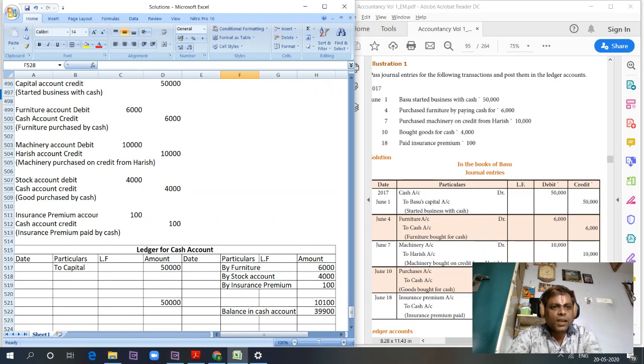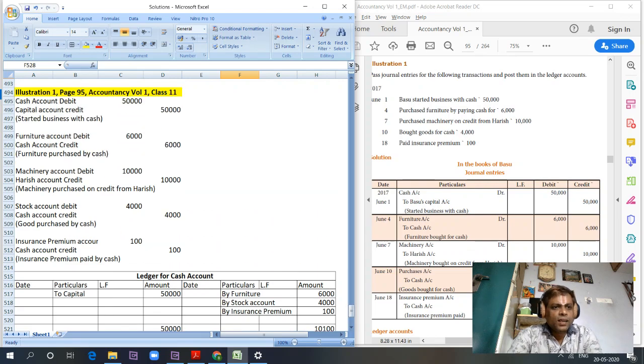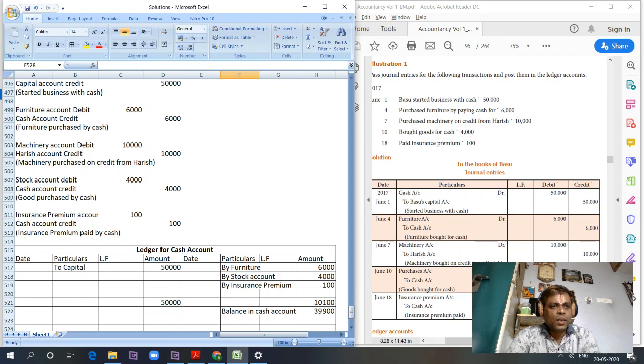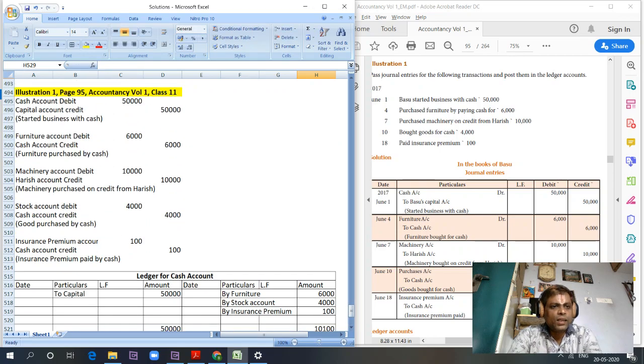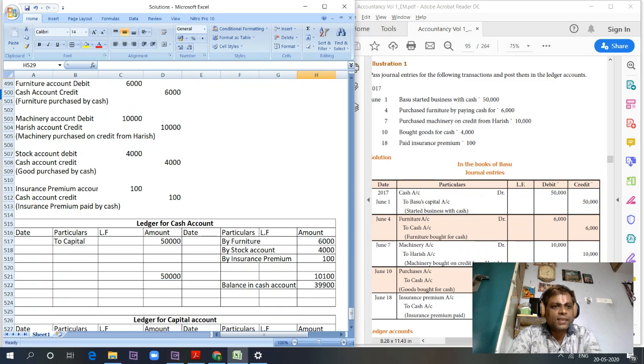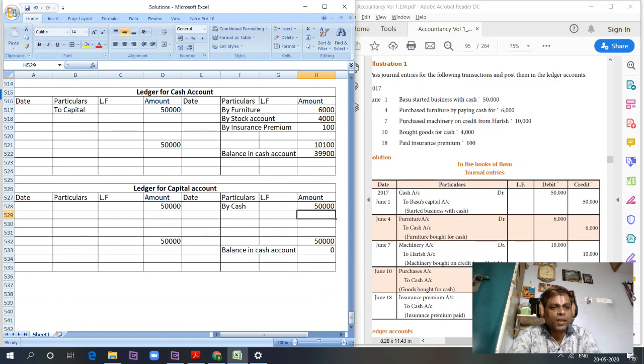It says started business with cash. So cash account debit to capital account. In capital account, we have to say by cash. Cash is coming in, so 50,000 rupees. This is the only transaction in the capital account. There is no other transaction in capital account. So for cash, capital account will show like this.